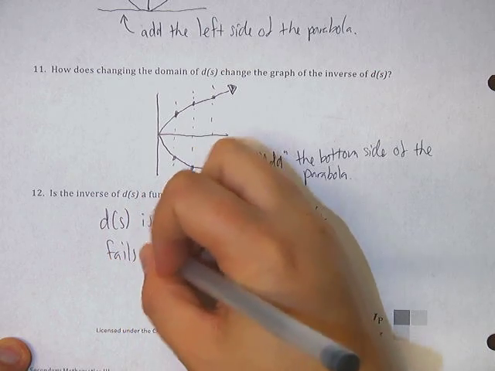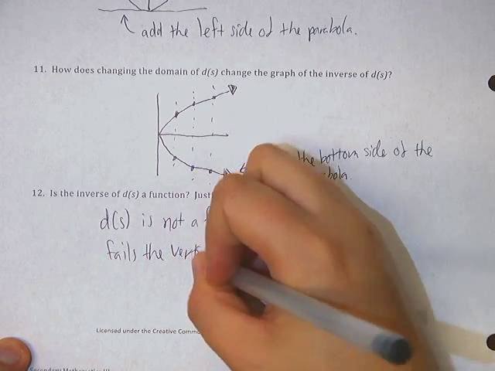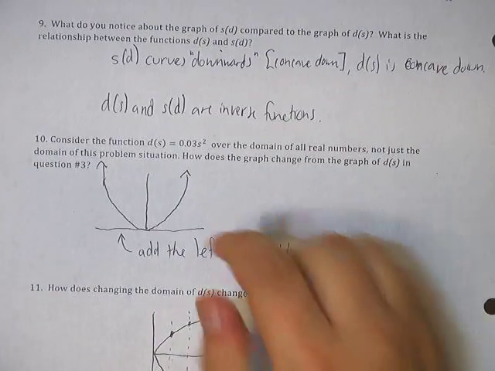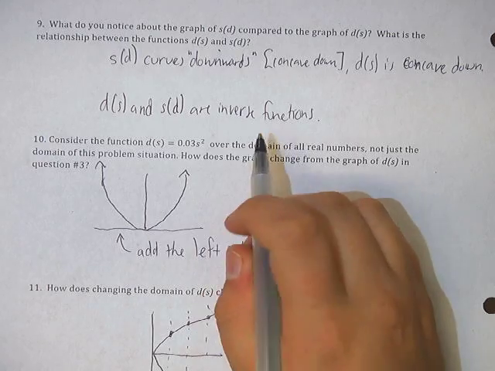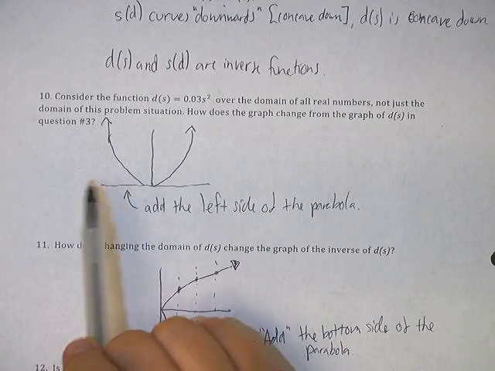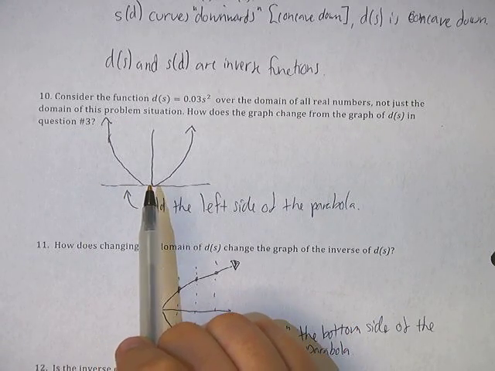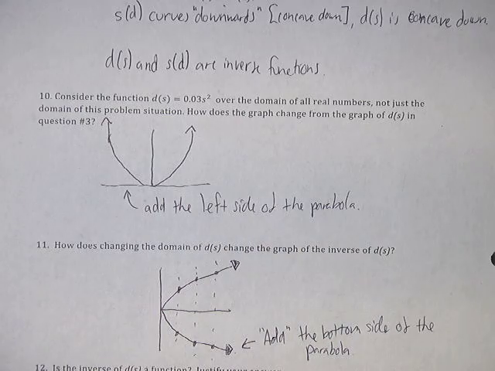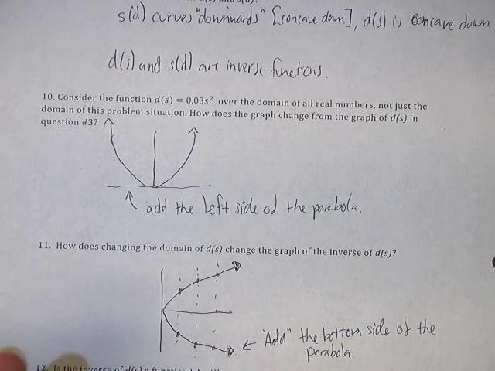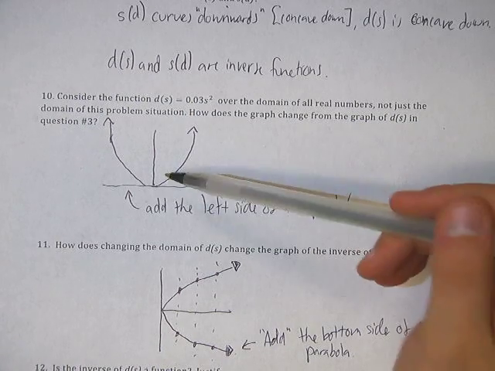So here we have crosses twice, crosses twice, crosses twice. So our answer is that with this new domain, D of S is not a function because it fails the vertical line test.